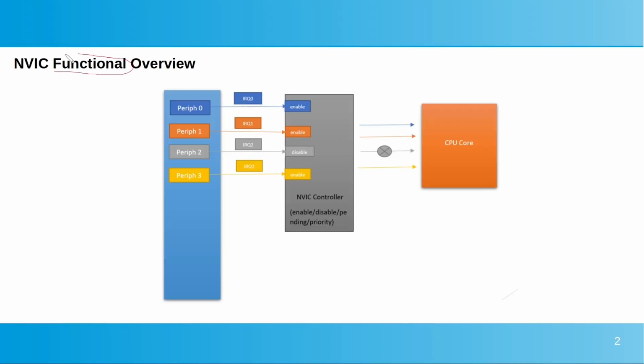From a functional point of view, the NVIC controller plays the role of the hardware block sitting between our CPU core and the different peripherals' interrupt lines. Hence, the NVIC controller allows the forwarding of the different interrupt line events to our CPU core. Because of that, the NVIC controller allows the enabling and disabling of the different interrupt lines separately.